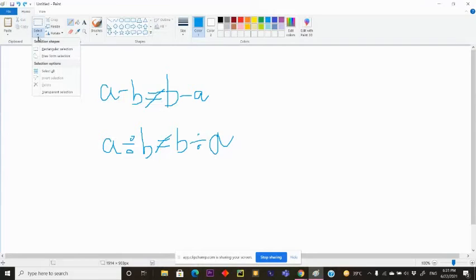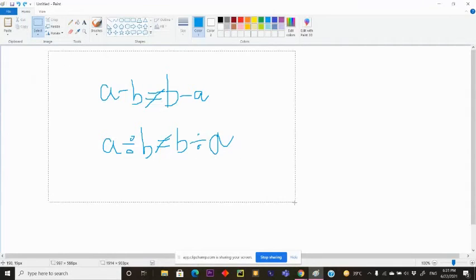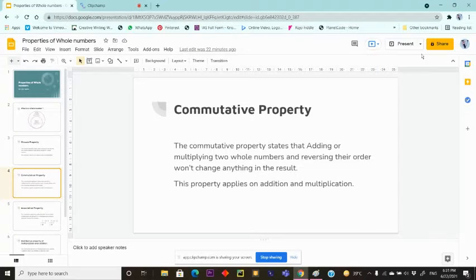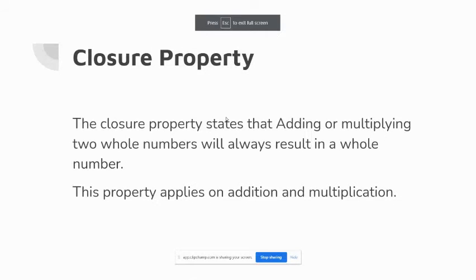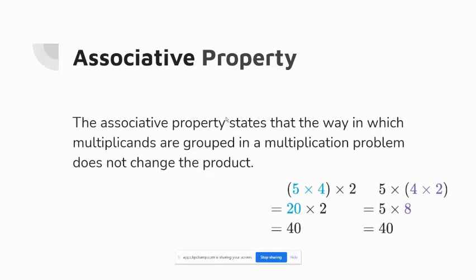Now let's go on to the next property. Recap, we were learning about the commutative property and now the associative property. What is the associative property? So let's see the definition, then we'll do everything.